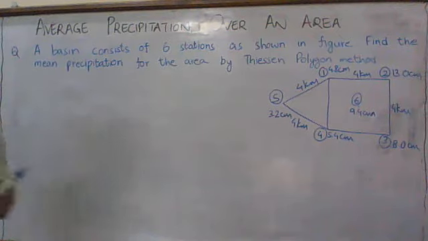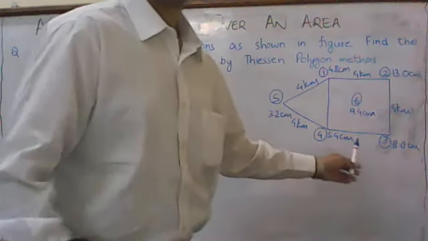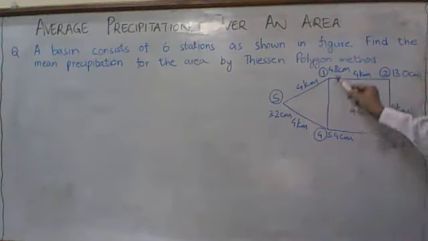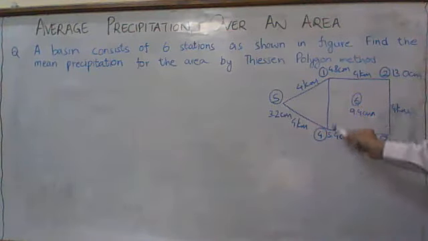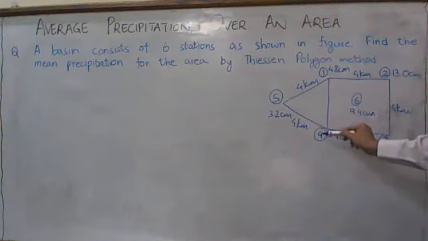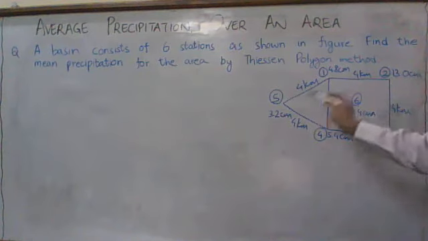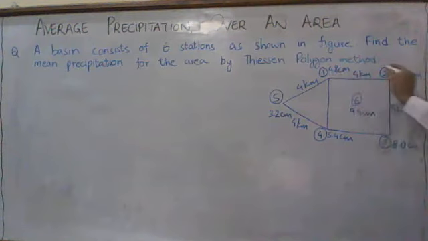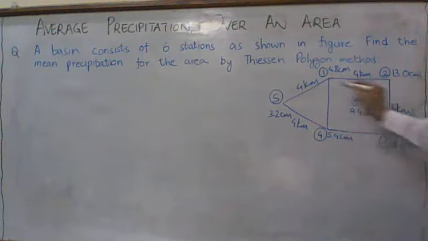Okay. So this figure is given. Now what is given in this figure? This is a square portion, and this is an equilateral triangle. A square portion and an equilateral triangle. Now 1, 2, 3, 4, 5, 6.